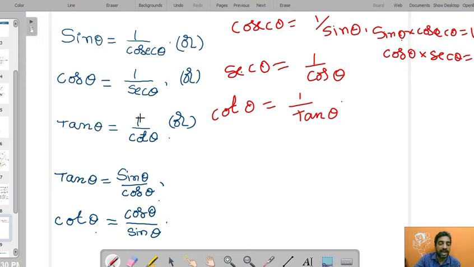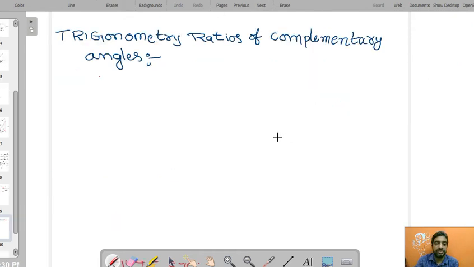Tan is equal to 1 by cot, or cot is equal to 1 by tan, hence tan theta into cot theta is equal to 1, because these are reciprocals. Now tan theta we can write as sine theta by cos theta, and cot theta is equal to cos theta by sine theta. Now trigonometric ratios of complementary angles.